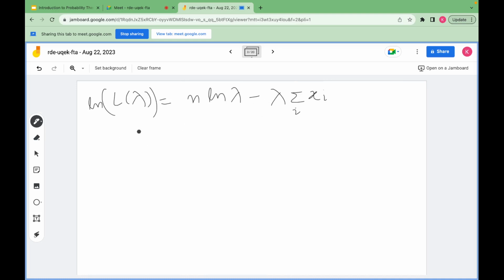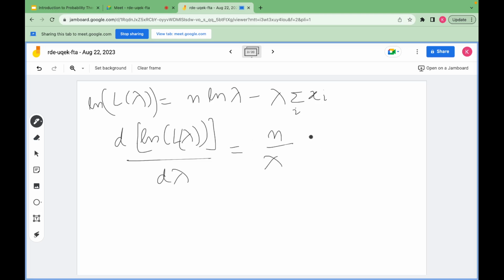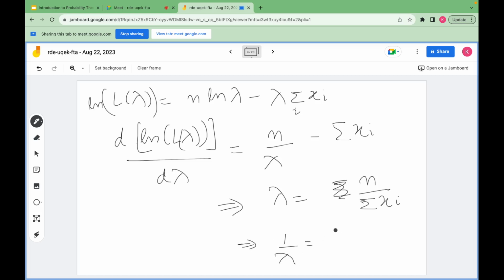Now we will partially differentiate this function with respect to the parameter of the function, which is lambda. This will give us n by lambda minus sigma x_i, which gives lambda equal to n upon sigma x_i, which is 1 upon lambda equal to sigma x_i by n.